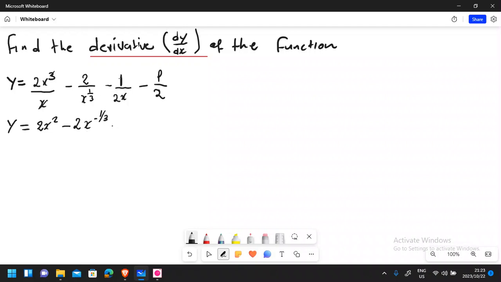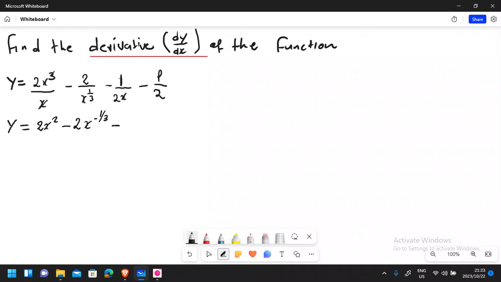So let's go to another term, which is the fourth term. Now here, be very careful guys, because the majority of people take this 2 as well. Remember, we are not trying to find dy/d2 or dy/d constant. All we're trying to find is dy/dx, so we only take that x to the numerator.